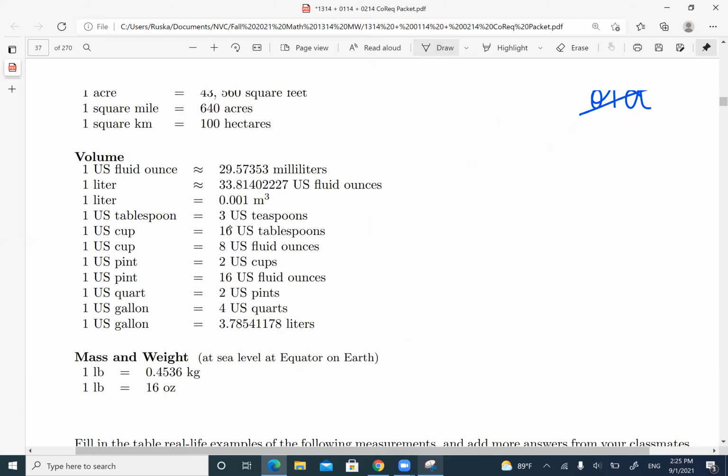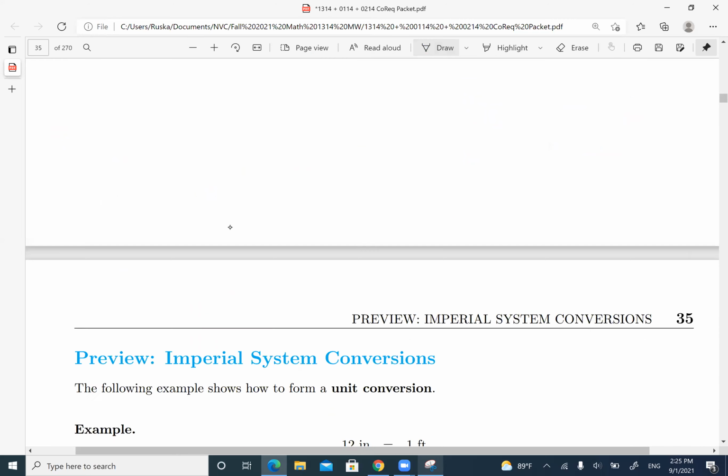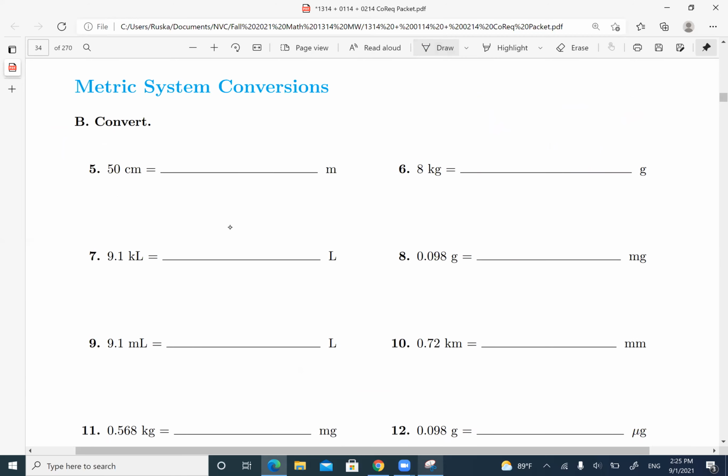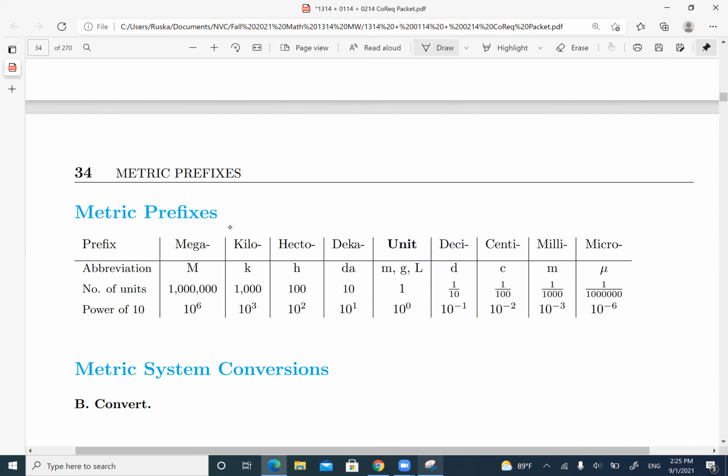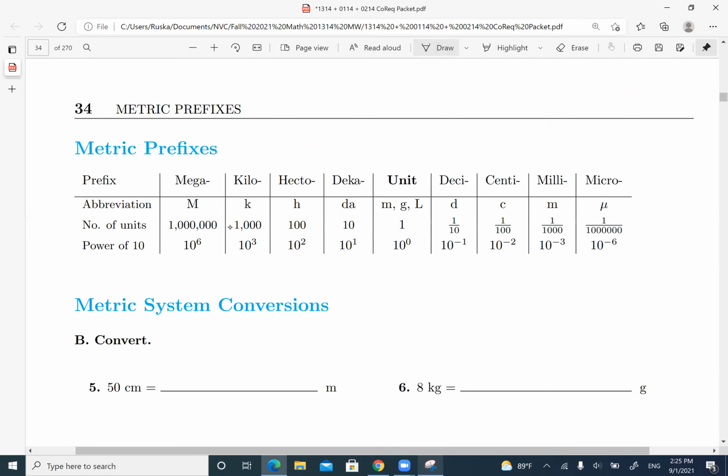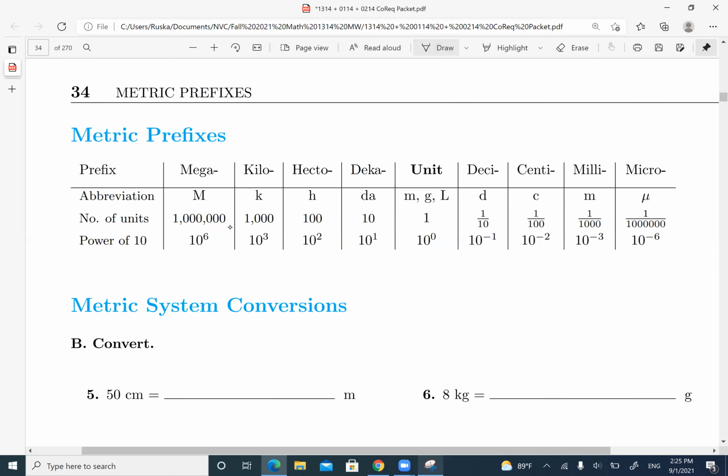Page 34. Okay, 34. See, meter to centimeter, it's 2 steps down, right? So that means you're moving 2 more places. Okay? So that's 34.